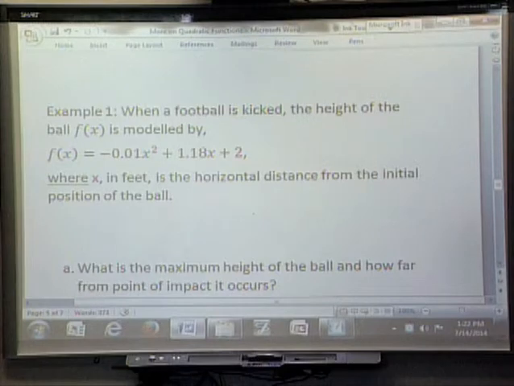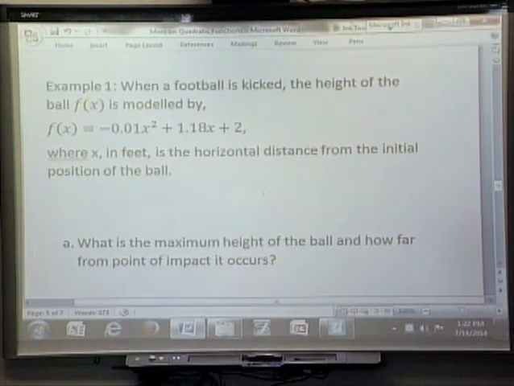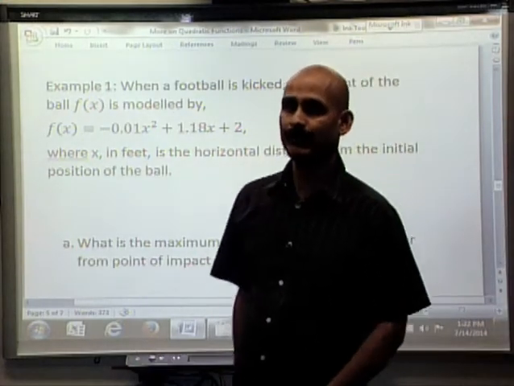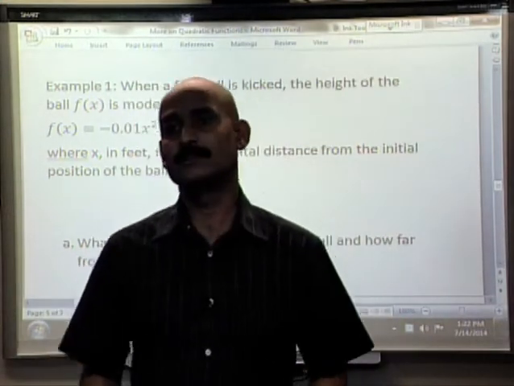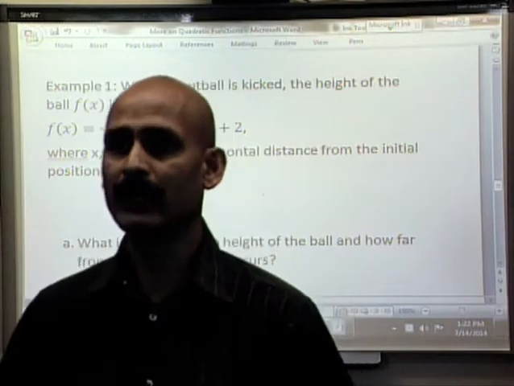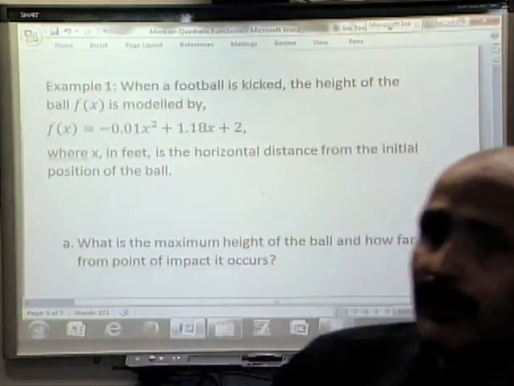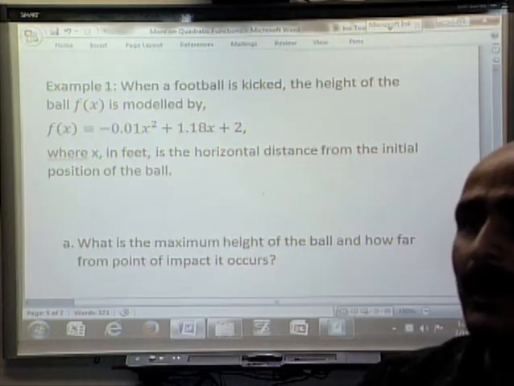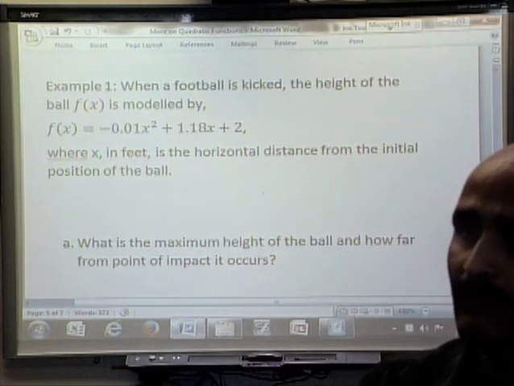Well, so now we know how to find the maximum or minimum of a parabola. We notice it is nothing more than the vertex of the parabola. Now, let us look at an applied problem here.